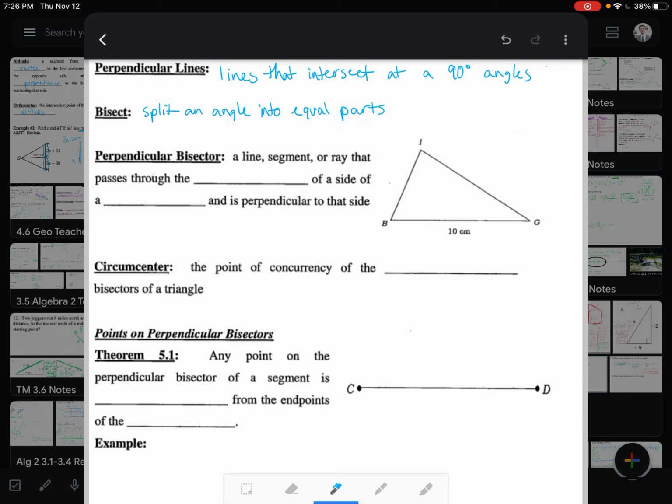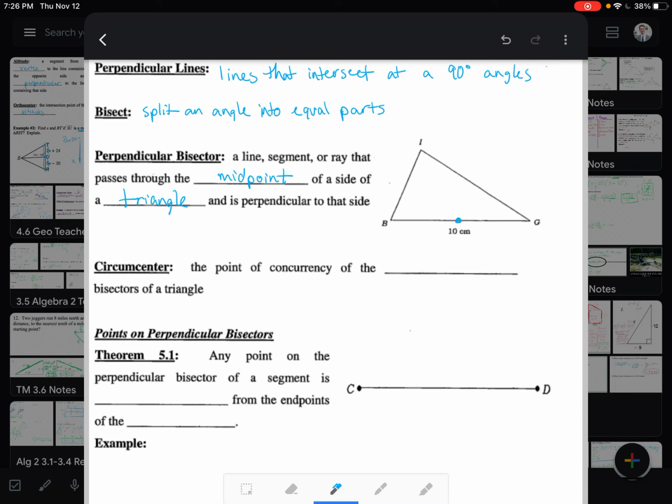So a perpendicular bisector is a line, segment, or ray that passes through the midpoint of the side of a triangle and additionally is perpendicular to that.